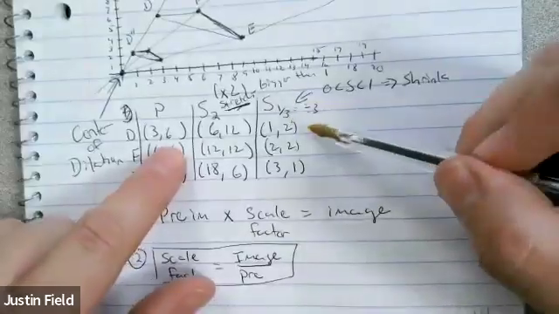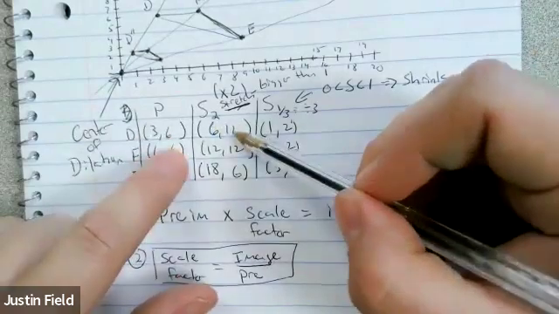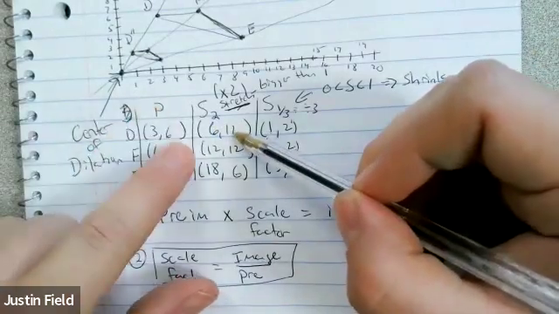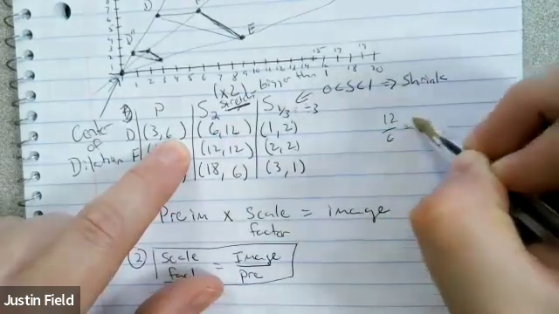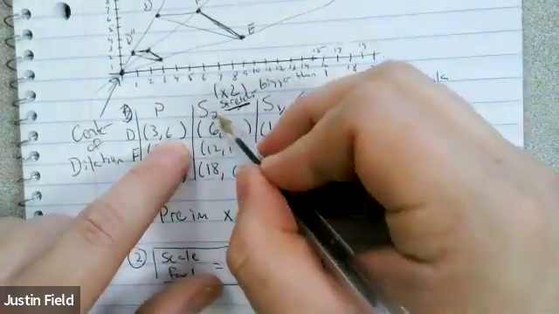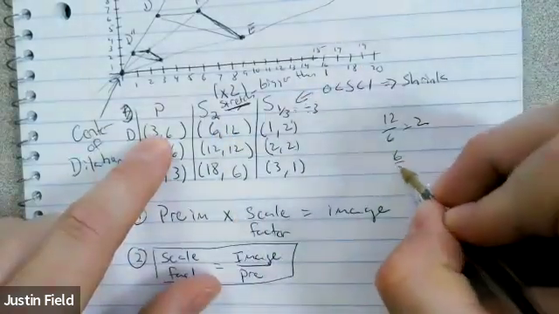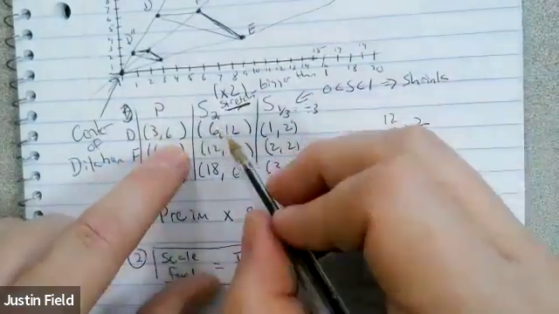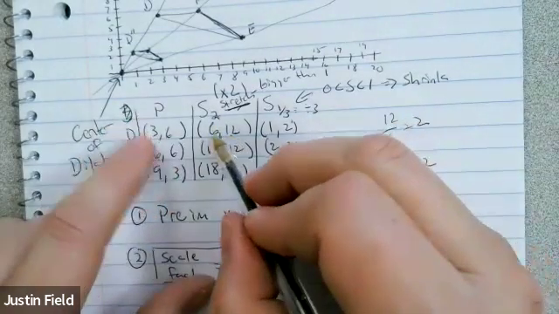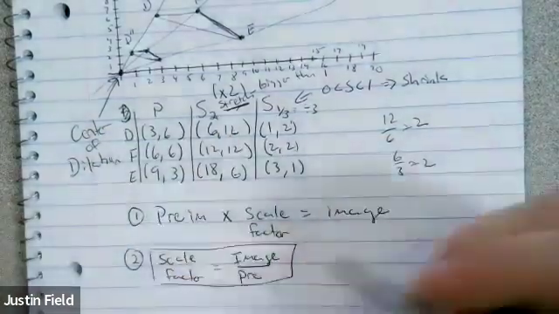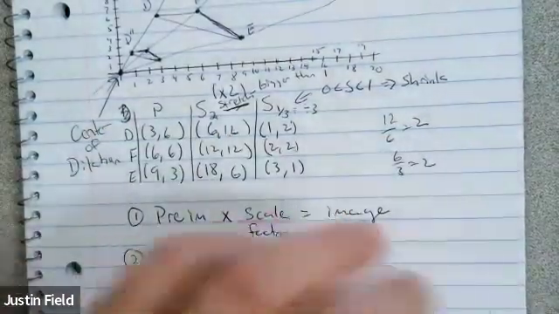So just to show you, if I needed to get the scale factor and I had 2 points, I could take 12 and divide it by 6. 12 divided by 6 is 2, and the scale factor is 2. I could take 6 divided by 3. You could take any pair of y's that match, corresponding, or any pair of x's, divide them, and get your scale factor. It's a very easy thing to figure out.